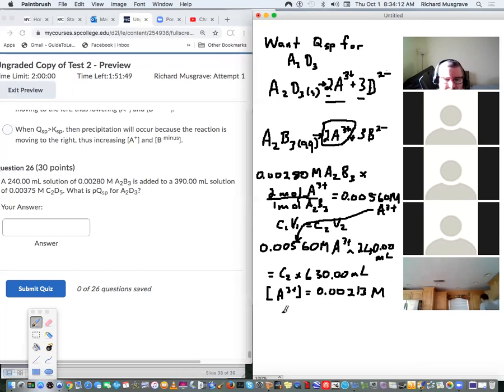The next part is to handle the C2D5. And what are we interested in? Well, we're interested in the D part here. We're not interested in the C at all.